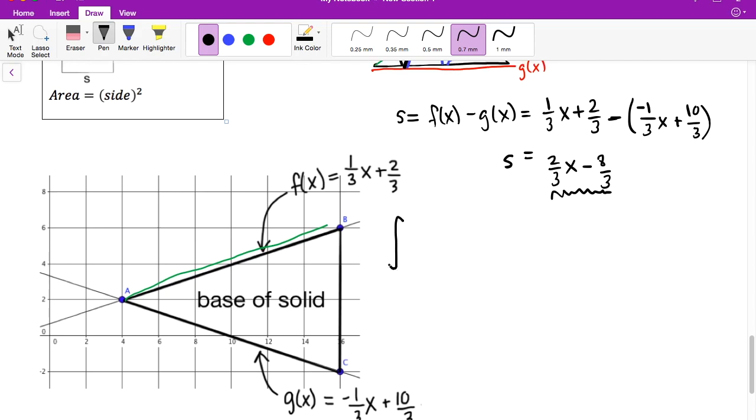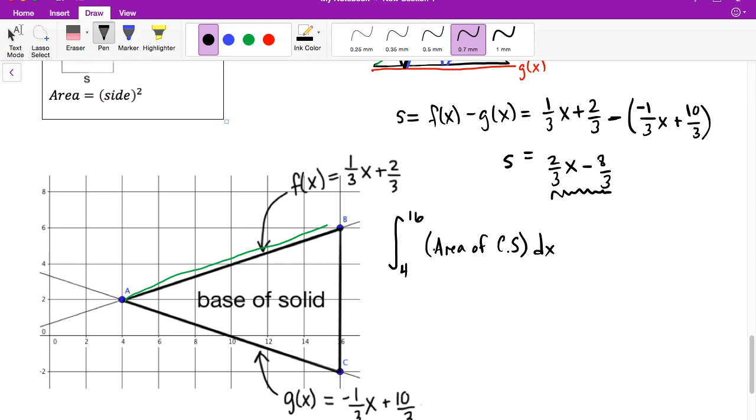So to put this together to get the volume, we start the same way as the other one. We want to make sure we integrate. We want to figure out when to start adding those areas. In this case, we start at 4, and then we stop at 16.